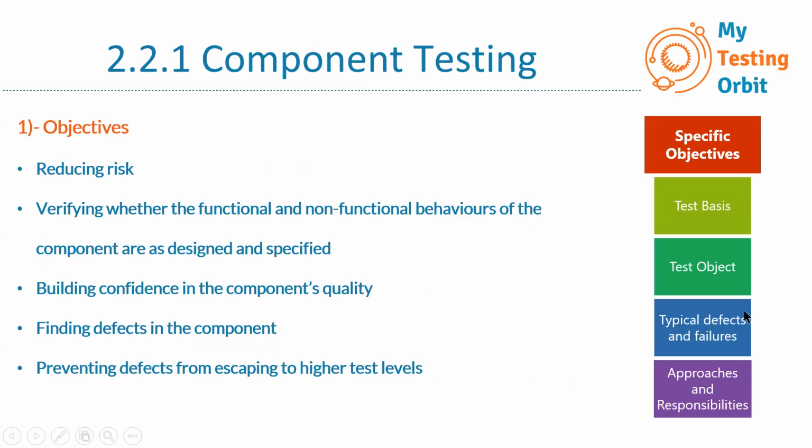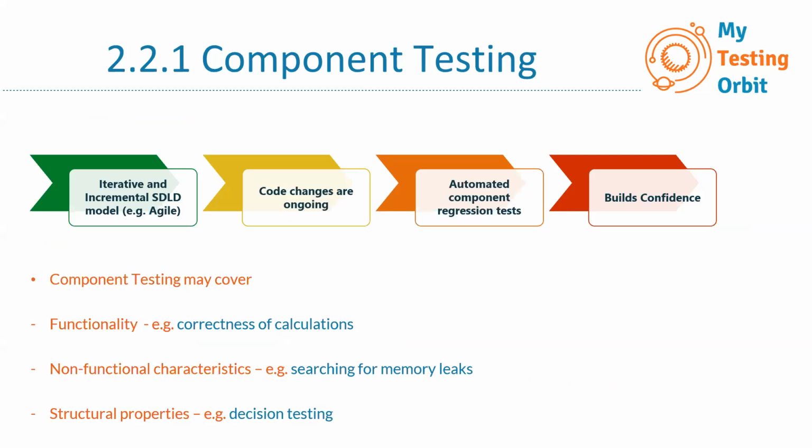So we have gone through the objectives. There are a few other things we will cover as part of component testing before we move to the next attribute: what kind of testing it may cover. It can cover functionality, such as the correctness of calculations, just to give you an example.